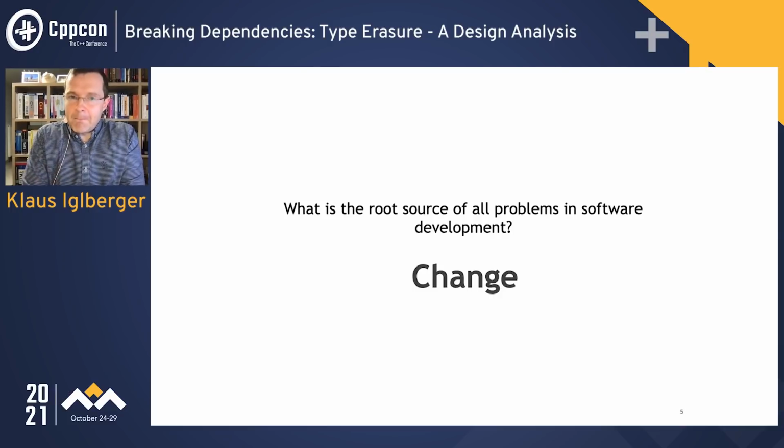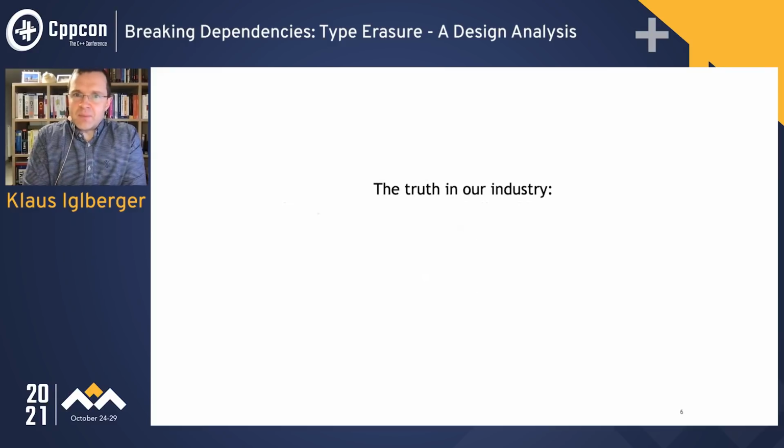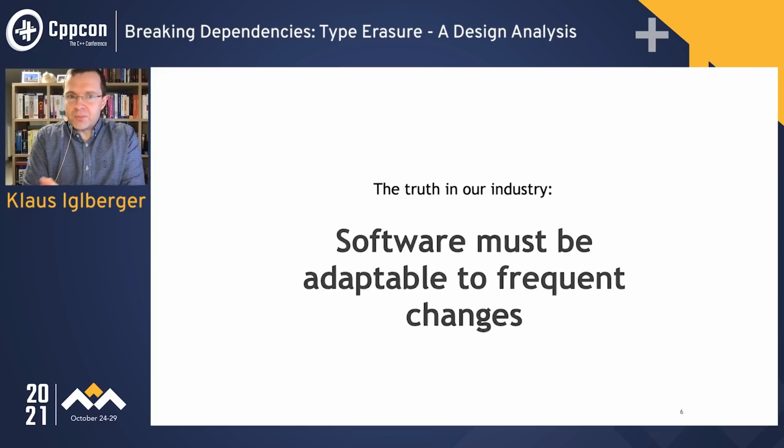But change is what makes us realize that there's something imperfect. And this is expected. Software must be adaptable to frequent changes. That is the reason why software is called software in the first place. It is supposed to be easy to change, adaptable to whatever changes I want to do.